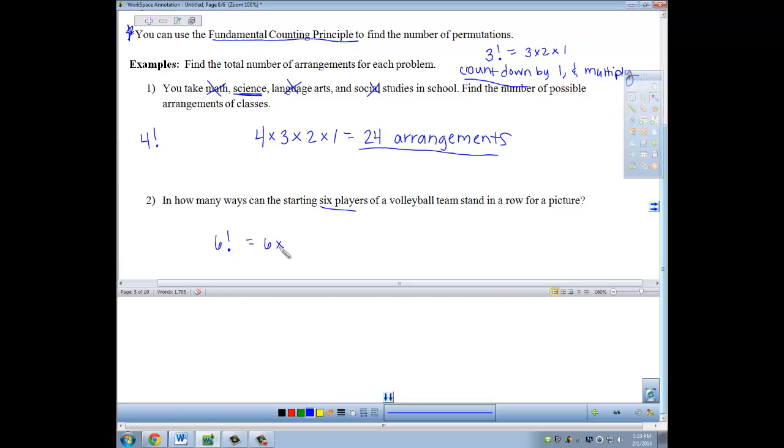So that's 6 times 5 times 4 times 3 times 2 times 1. And when you multiply that all together, you're going to get 720 arrangements. You don't have to use the word arrangements. You could use outcomes like we did with the last section.